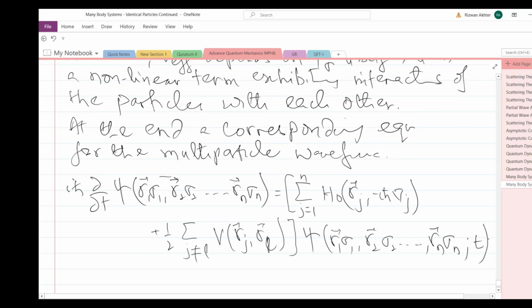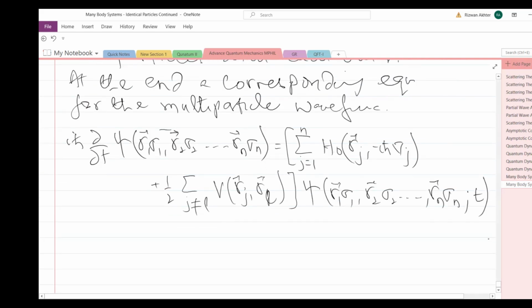And this exhibits the distinction between the field operator psi sigma and the multi-particle wave function. Obviously the number of arguments are different from psi sigma, which is basically a field operator, whereas here this psi is in fact a wave function.